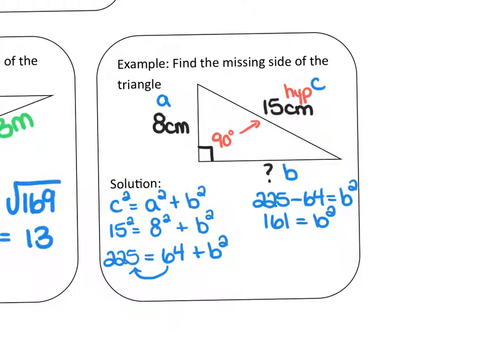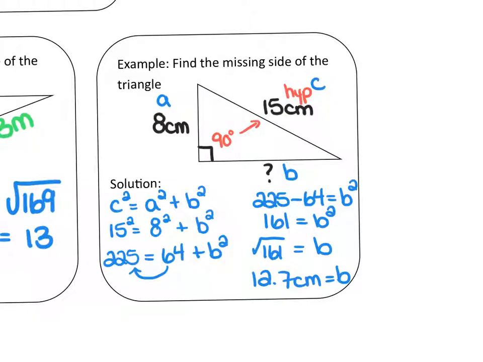And again, because what we really want is b, and we've solved for b squared, we're going to take the square root. So the square root of 161 will be equal to b. So I take the square root of 161, and I get 12.7 if I round it, and that's centimeters.